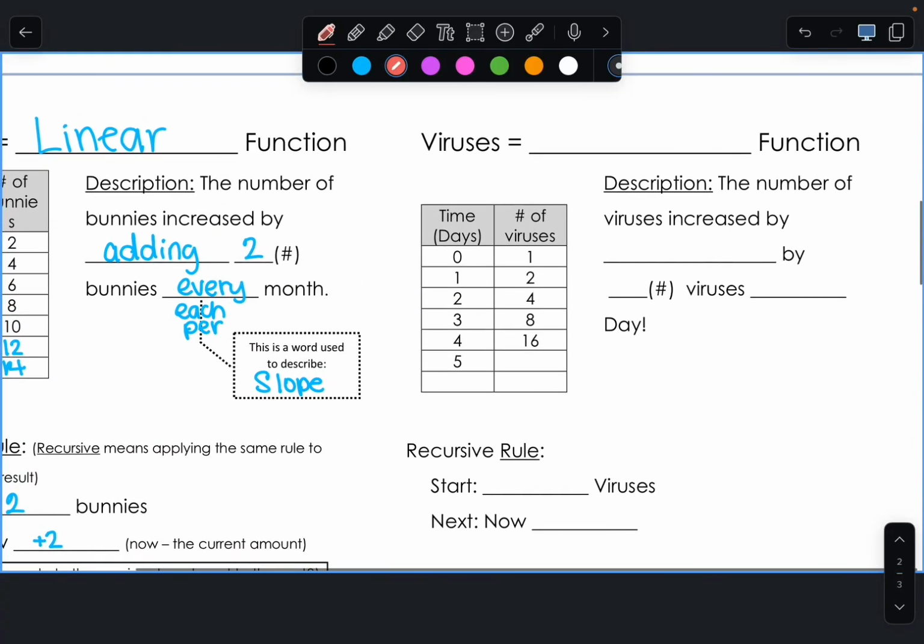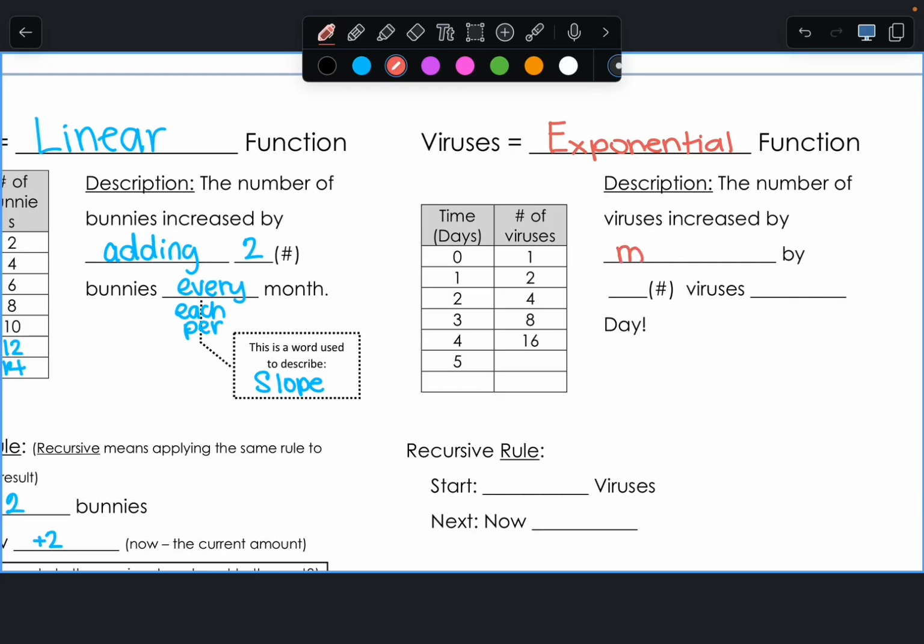Now look at the viruses. Since we're multiplying by 2 every single time, this is going to create what type of function? Exponential. And we know that the number of viruses increased by doing what?